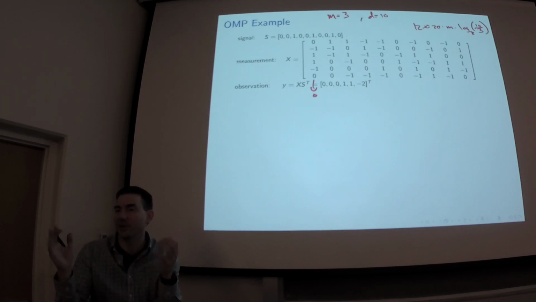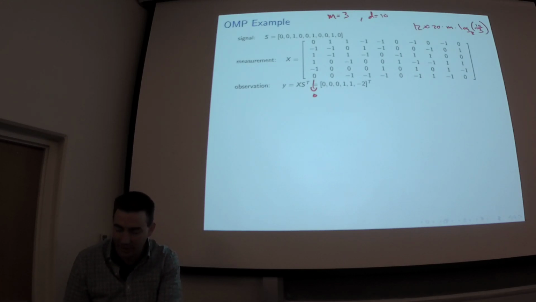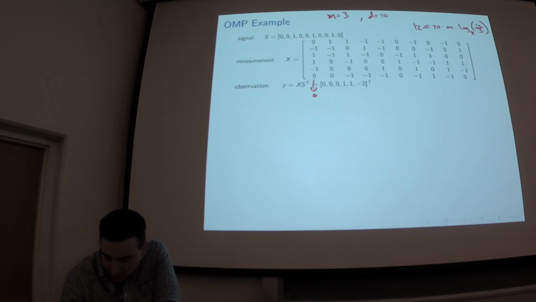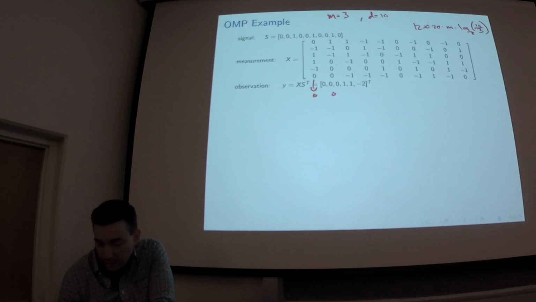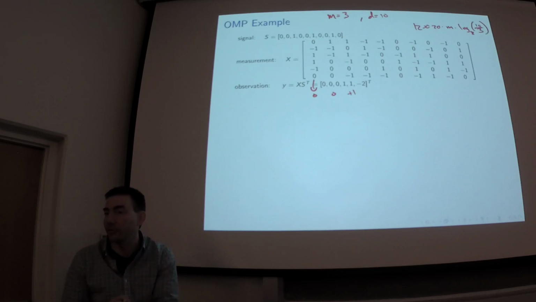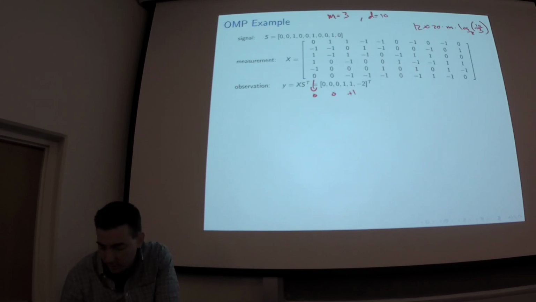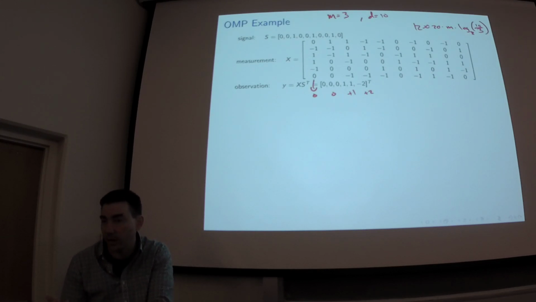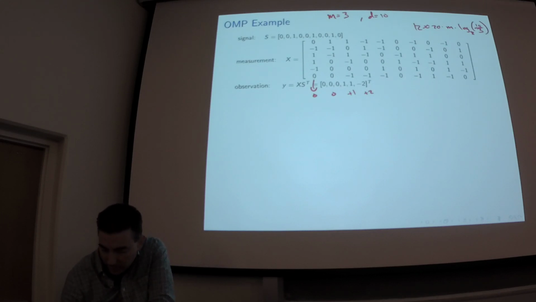It's not going to be the largest one; it's not correlated at all, in fact. The next one's also going to be 0. This one is going to be minus 1 plus 2, so plus 1. I'm looking at the absolute value here, so that's a 1. The next one is going to be plus 2, so this is a candidate.